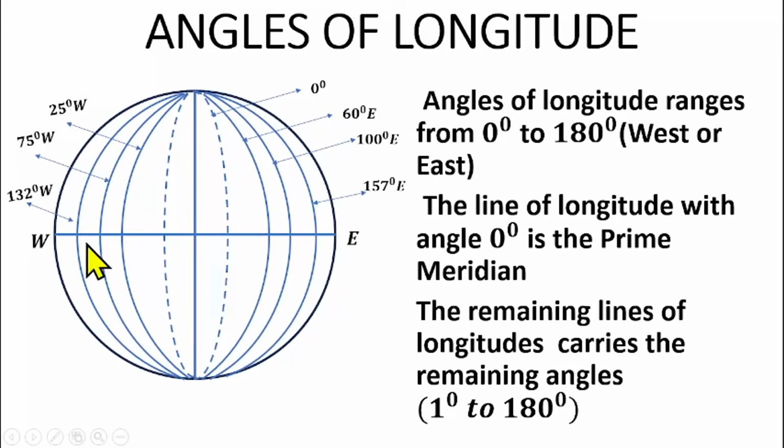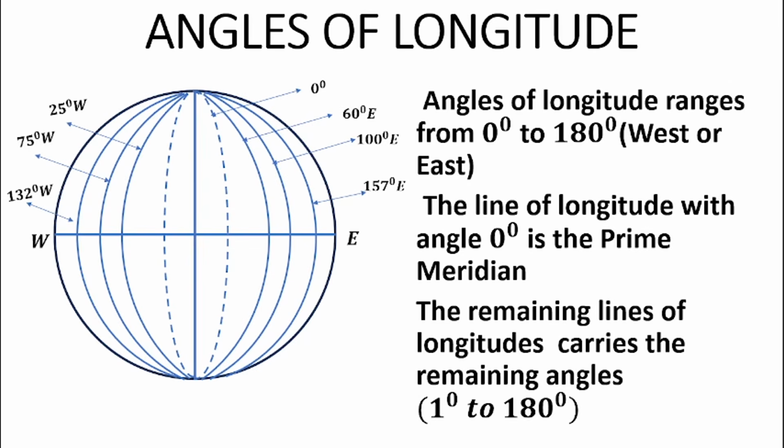So when you see an angle in latitude and longitude, you should be able to identify which angle belongs to latitude and which belongs to longitude. Latitude ranges from 0 degrees to 90 degrees, and the line of latitude that carries 0 degrees is the equator.